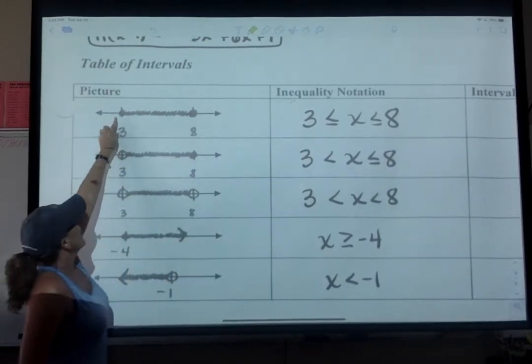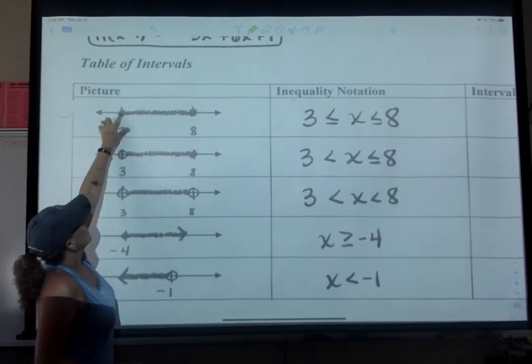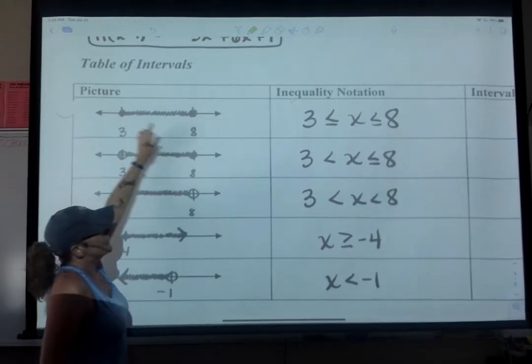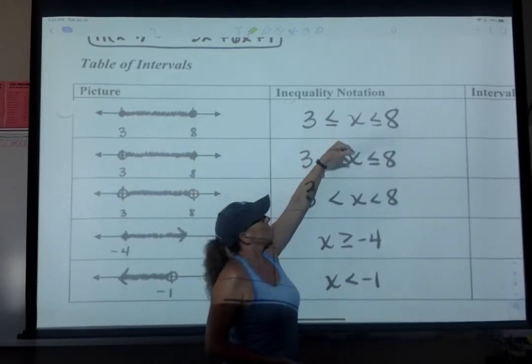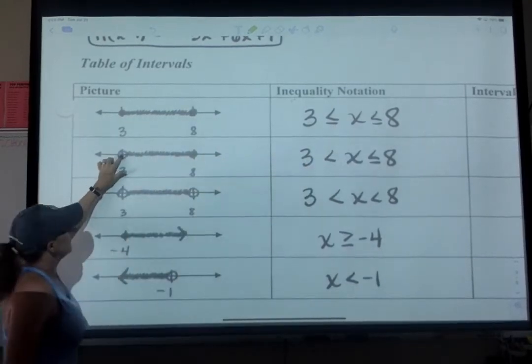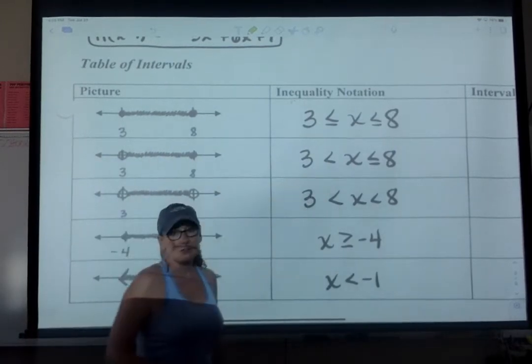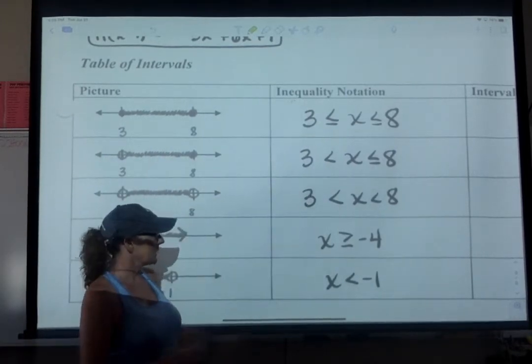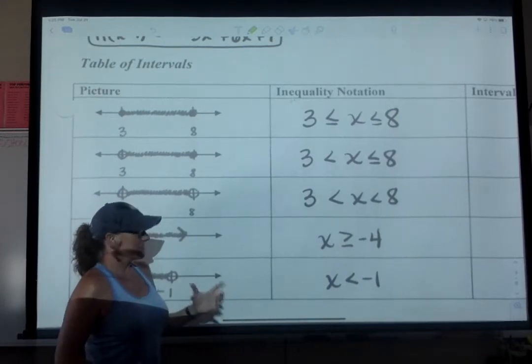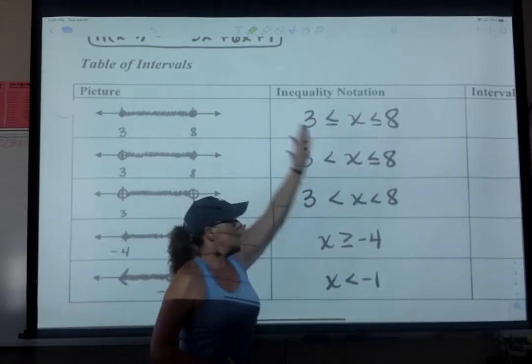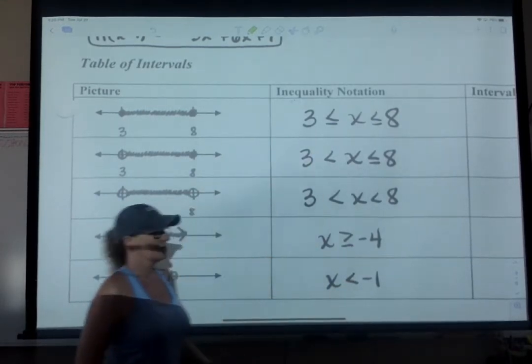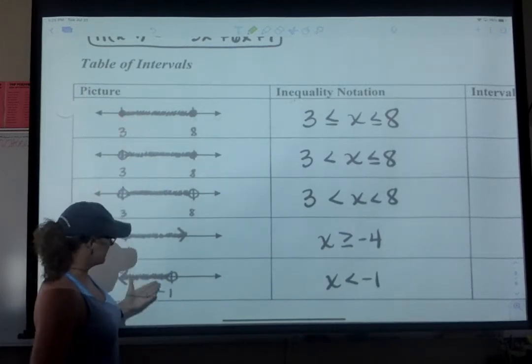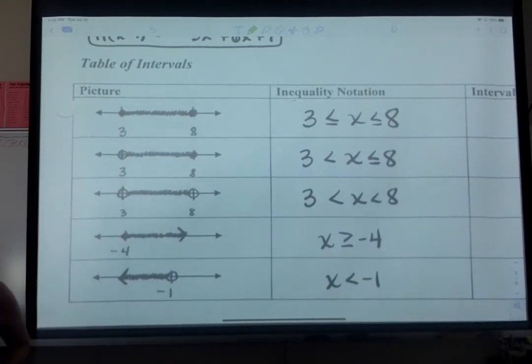And you know that when the point is filled in, it's got the equal underneath it. When it's open, it doesn't have the equal underneath it. Okay, so what I'm going to show you is another way to write this. Another way to express this, but in interval notation.